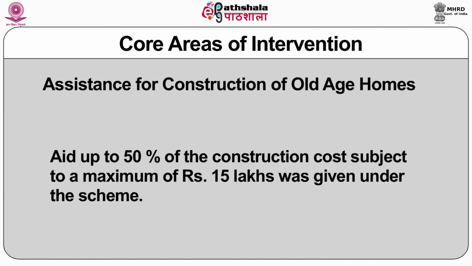Aid up to 50% of the construction costs, subject to a maximum of rupees 15 lakhs, was given under this scheme. However, due to widespread discontent, the scheme was discontinued at the end of the Ninth Plan, 2006-7.